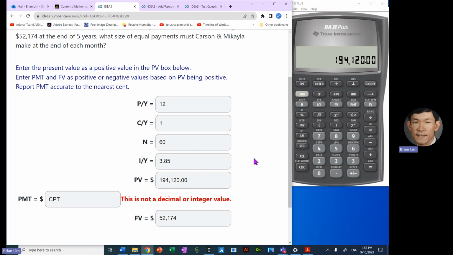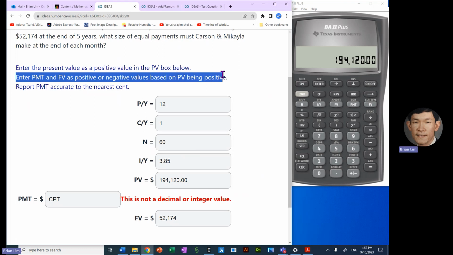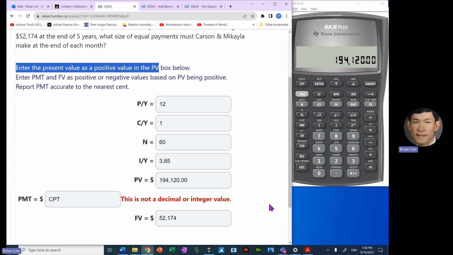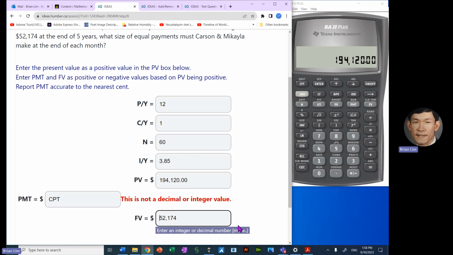We have it positive. Now enter payment and future value as positive or negative based on the present value being positive. If the present value is positive, then we know the future value has to be negative.